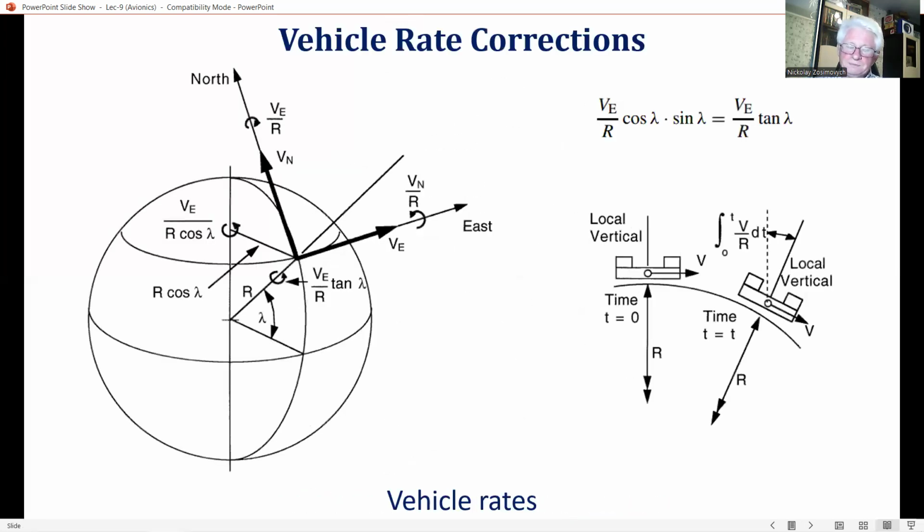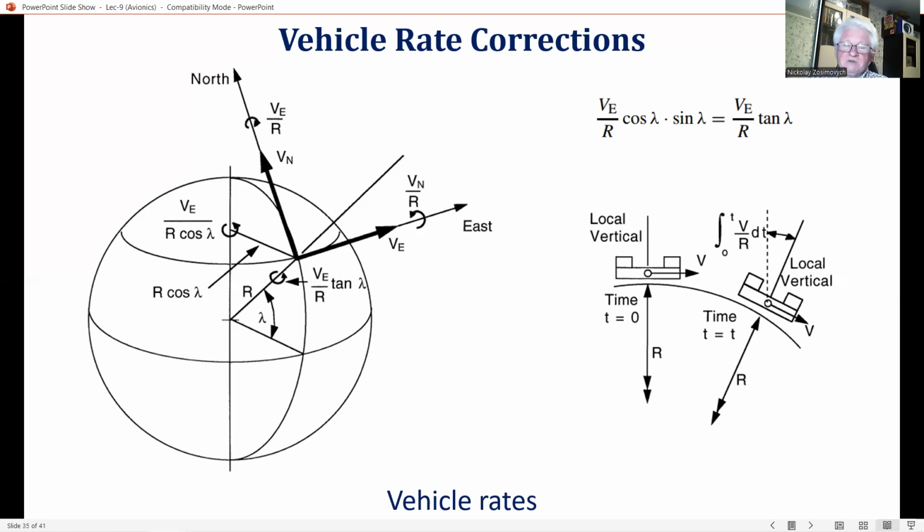And now let's describe vehicle rate correction. This figure on the left side illustrates how the local vertical rotates in space as the aircraft flies over the surface of the Earth, because the Earth is spherical.